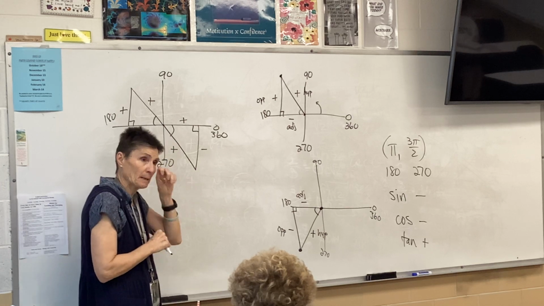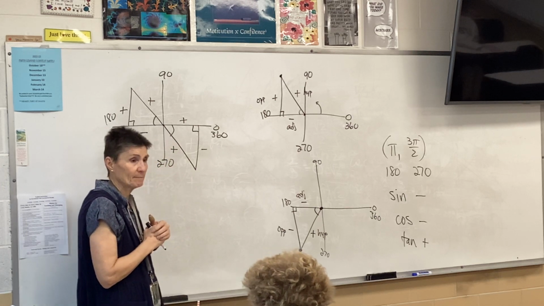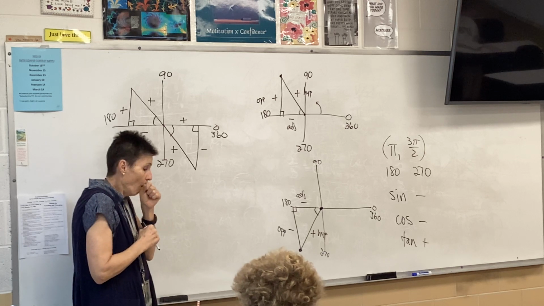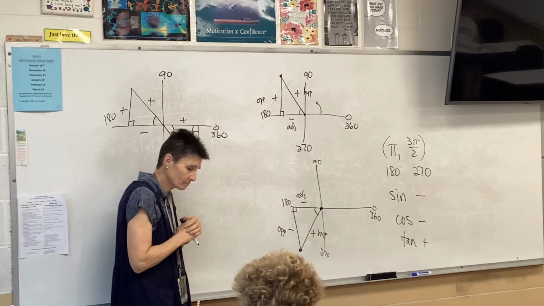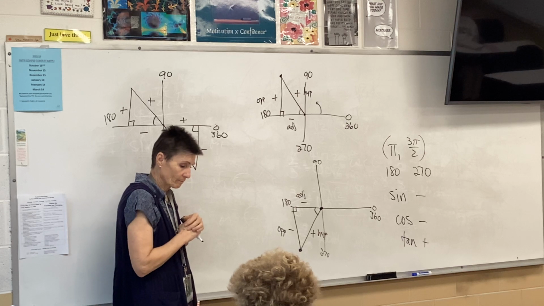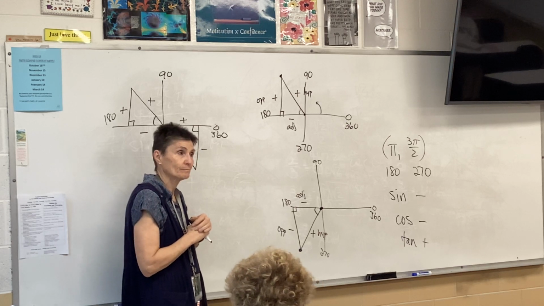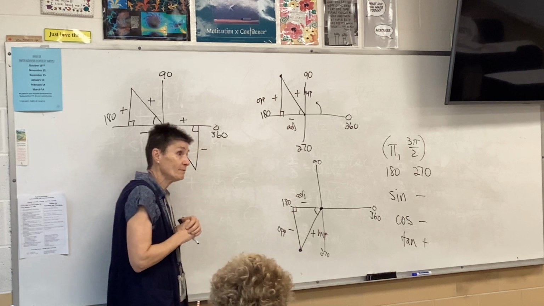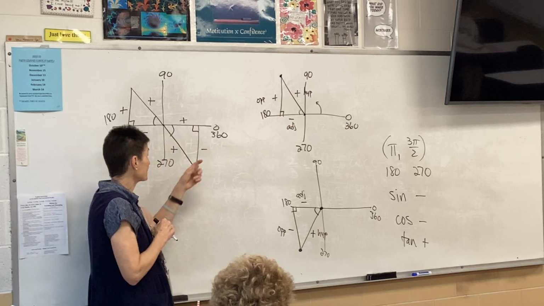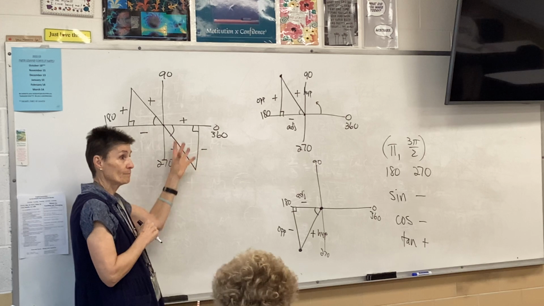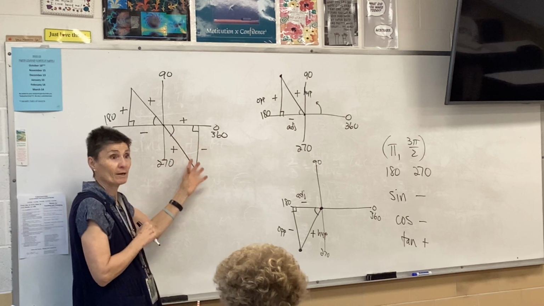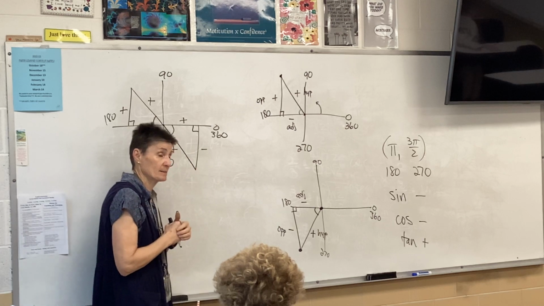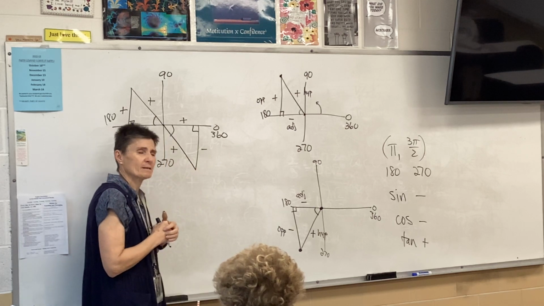15 pi over 8. I have no idea what that is. Can somebody help me out? 15 pi over 8. 337.5? Yeah. So coincidentally, isn't that kind of in the same spot here? Same general area? So I want the cosecant. What's cosecant?